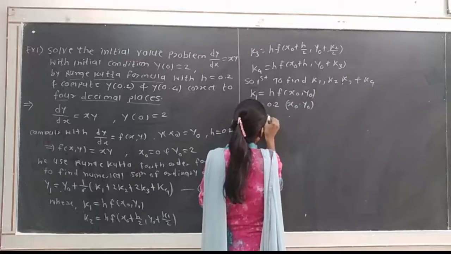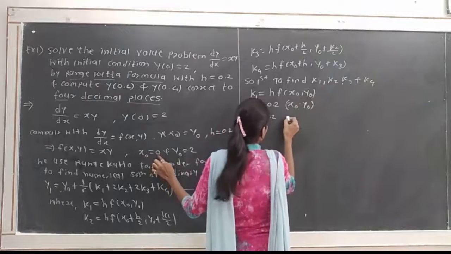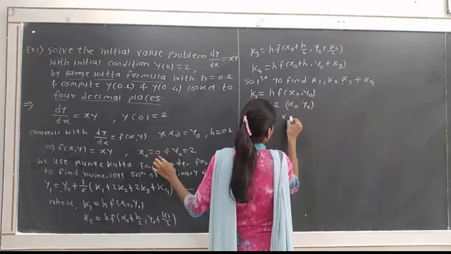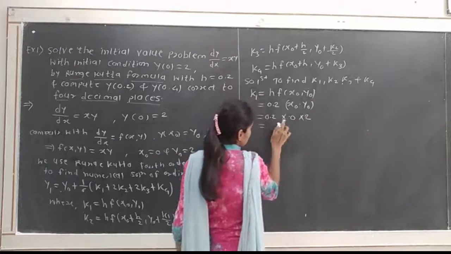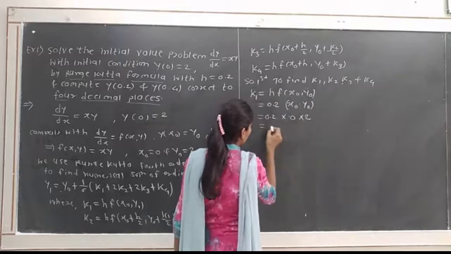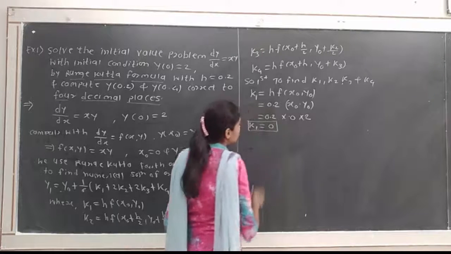Putting the values, 0.2 into 0 into 2, we get 0, so the value of k1 is equal to 0.